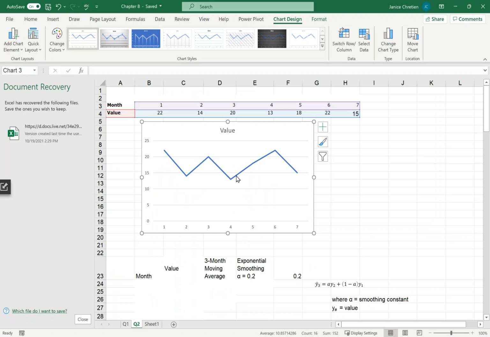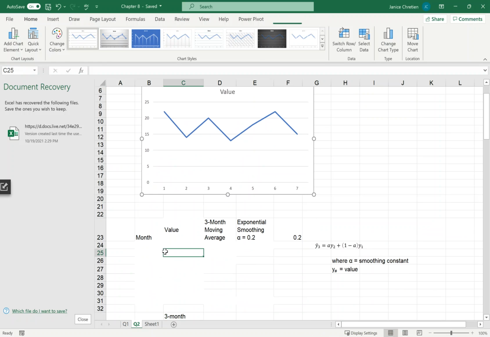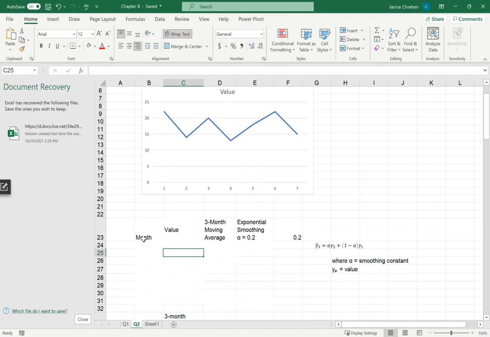Okay, now we are going to make a table like we did before where we have the month, the value. We're going to create a 3-month moving average and an exponential smoothing using a constant of 0.2.